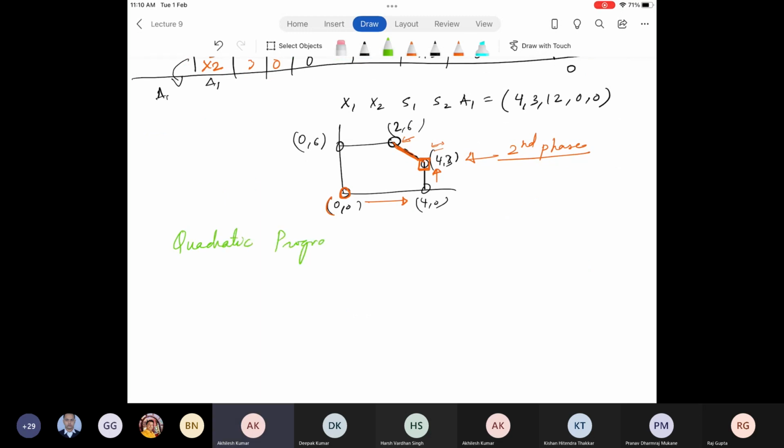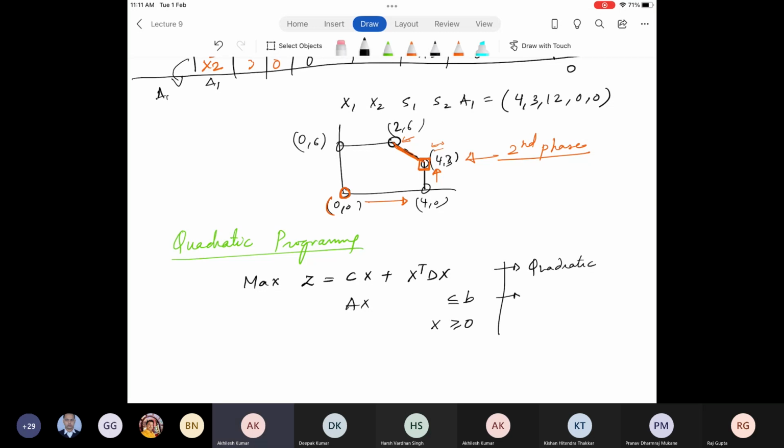This is a special class of nonlinear programming which has a structure: maximize G equals Cx plus x transpose Dx, with A of x less than or equal to B and x greater than or equal to 0. So it has a quadratic objective function and less than or equal to linear constraints.